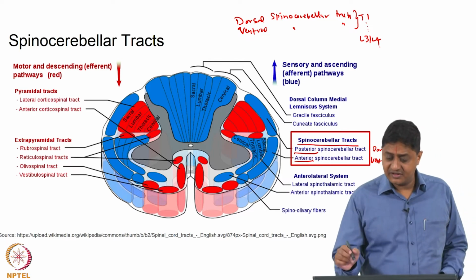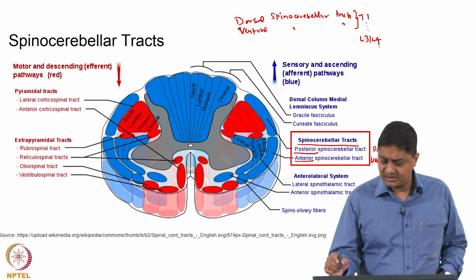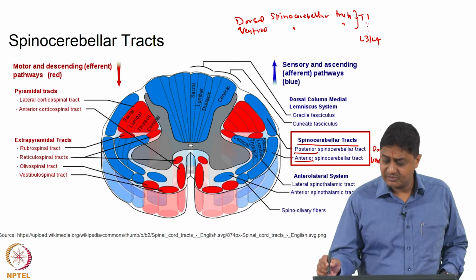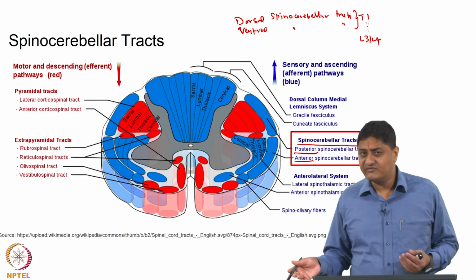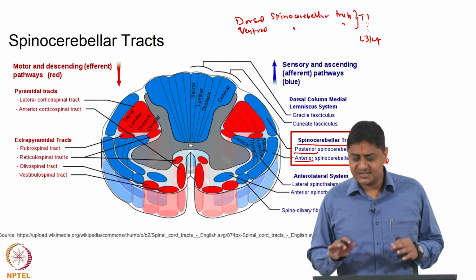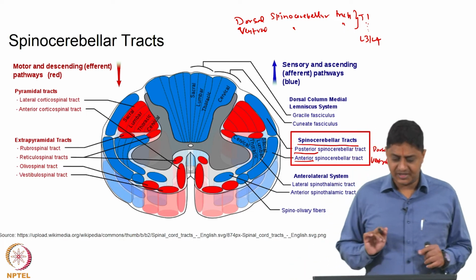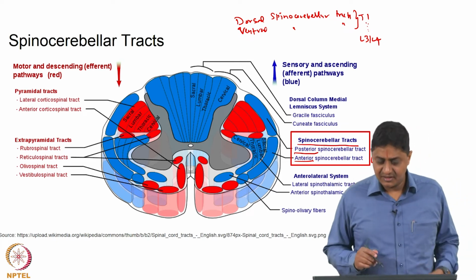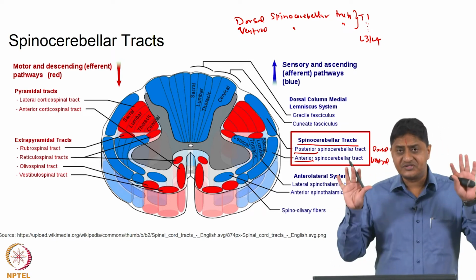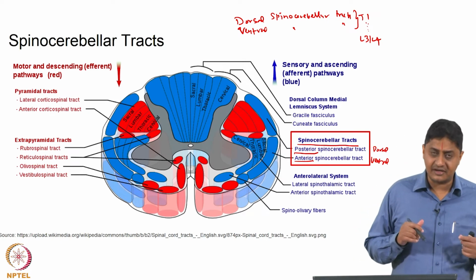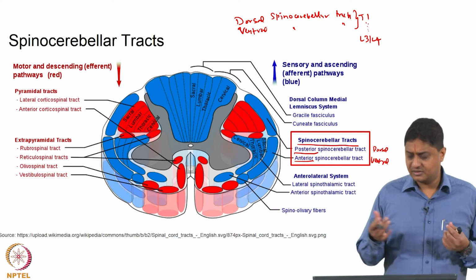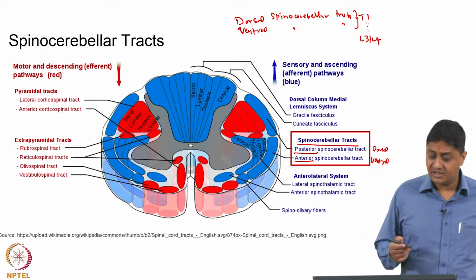So, if the dorsal and ventral spinocerebellar tracts are starting from T1 continuing until L3 L4, basically they are bringing information from the thorax and parts below the thorax, right. For example, the hind limbs. What about the forelimbs and parts above the thorax, for example, the neck and the hand and arms, right.